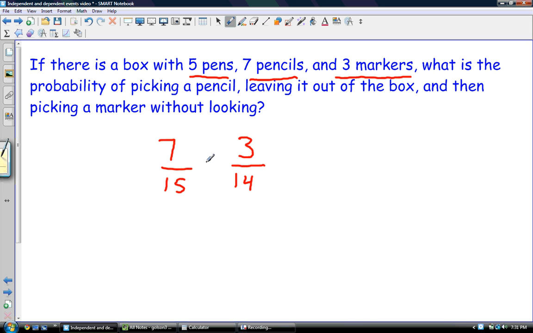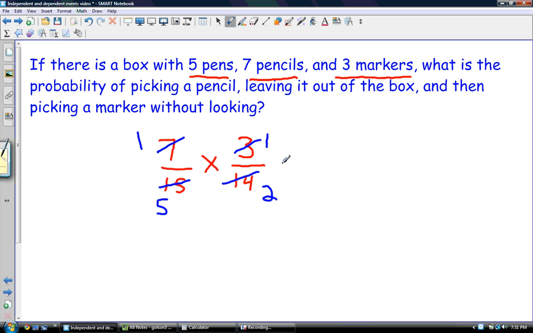Again, I want the probability that both those things happen, so I'm going to multiply the two together. I notice right away I can reduce these. 7 and 14 I can reduce: the 14 becomes a 2, and 7 goes in twice, so 7 becomes a 1. The 3 and 15 I can also reduce: the 3 becomes a 1, and 3 goes into 15 5 times.